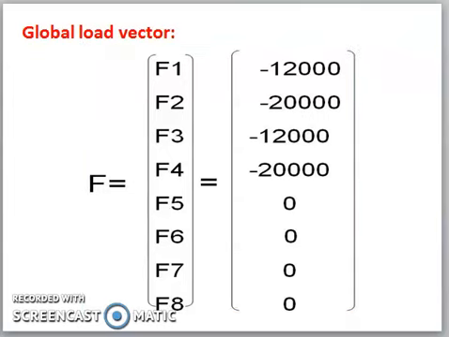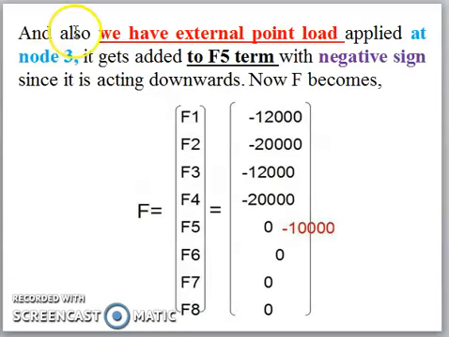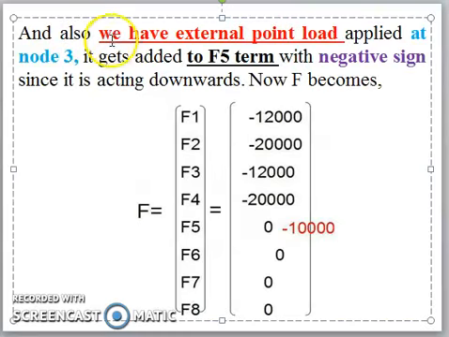Again apply the boundary condition. Also remember in the question we have an external point load applied at node 3, and it gets added to the F5 term with a negative sign, because it is acting in the downward direction, hence I need to go with the negative sign.